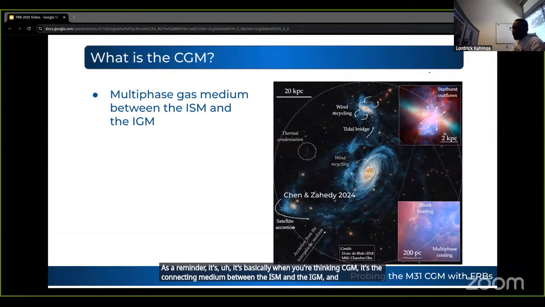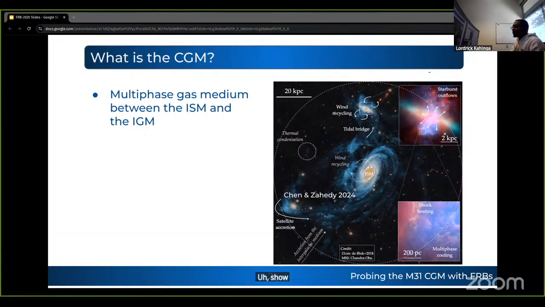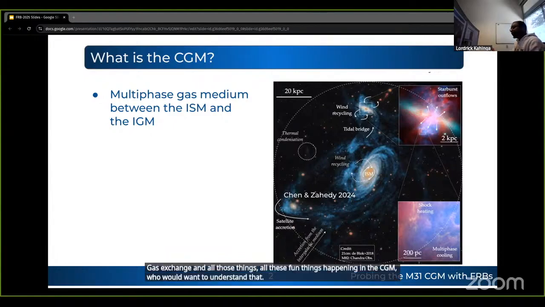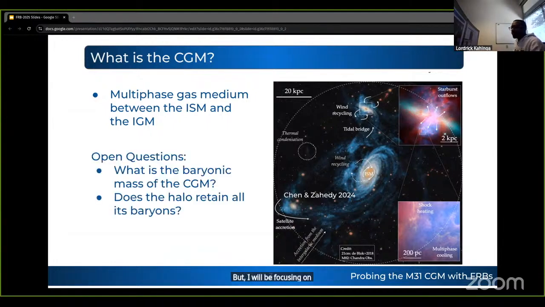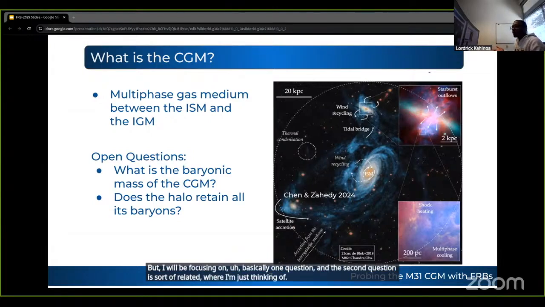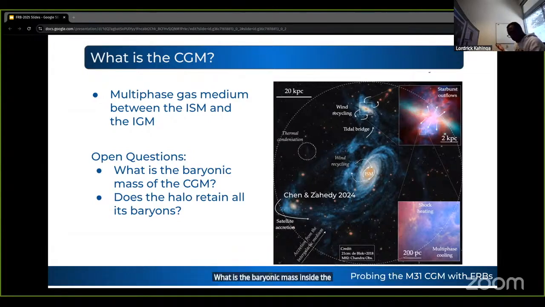This plot on the right is just to show all the stuff that's happening in terms of feedback and gas exchange, all these fun things happening in the CGM, and we would want to understand that. But I will be focusing on basically one question, and the second question is related: what is the baryonic mass inside the CGM?